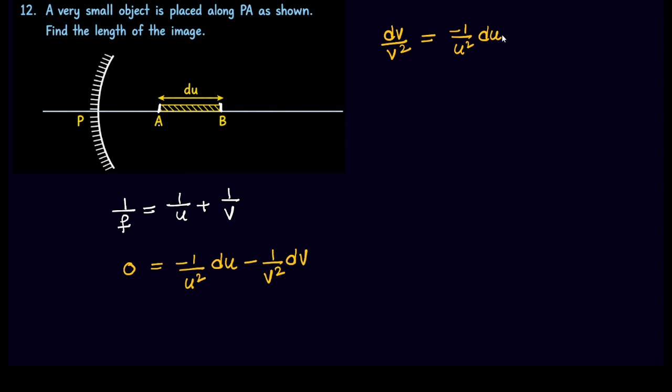Now dv is nothing but the length of the image, and du is the length of the object. So dv will be equal to minus of v by u whole square into du.